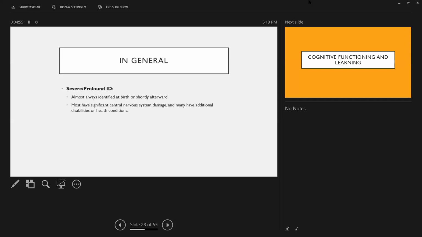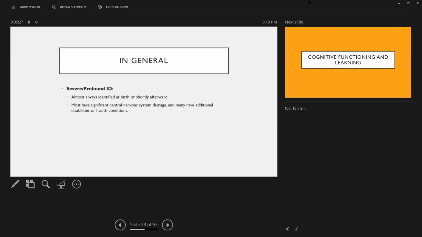Often accompanied by significant central nervous system damage, they may have additional disabilities or health conditions. So it's not necessarily just the intellectual disability. The more profound it gets, the greater the potential for contributing medical and neurological factors playing a part in the condition.